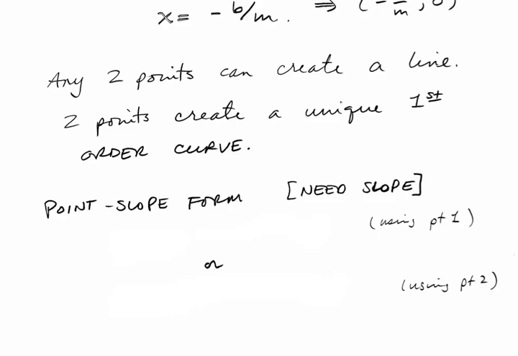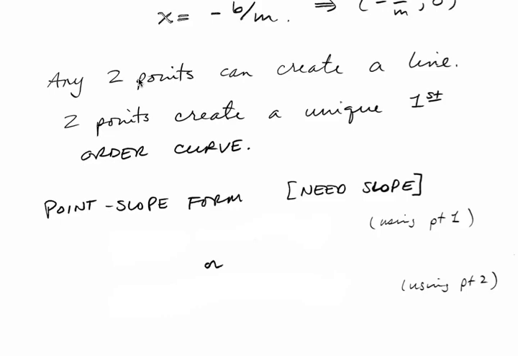And so we'll learn, as we go through this class, that what we're actually doing is called curve fitting. What we're fitting is a first order curve to 2 points. By definition, 2 points can create a line, right?